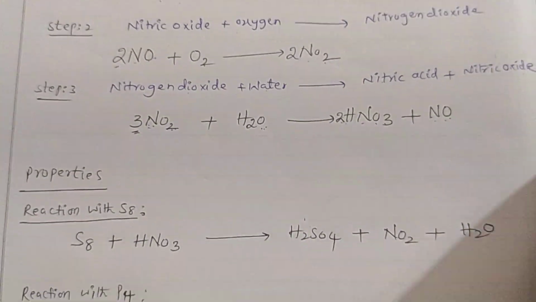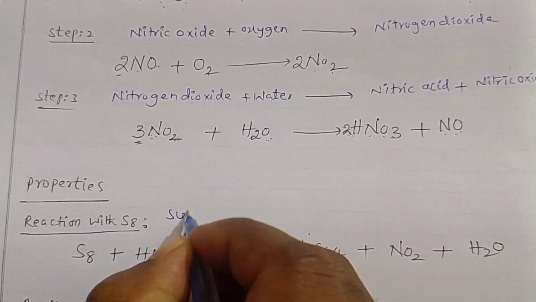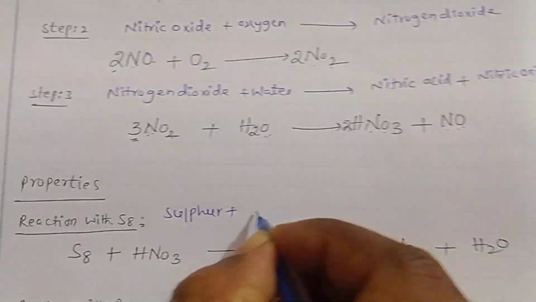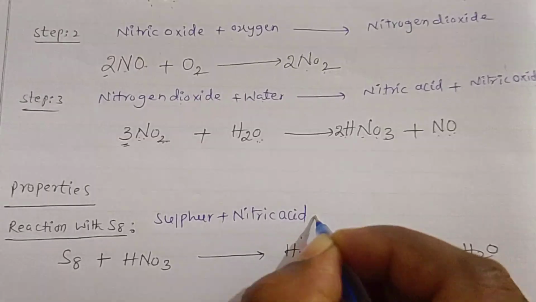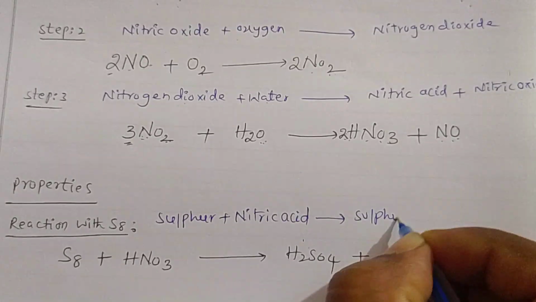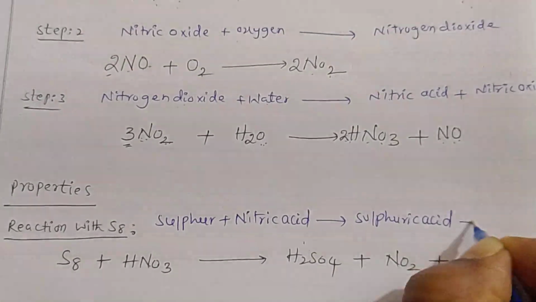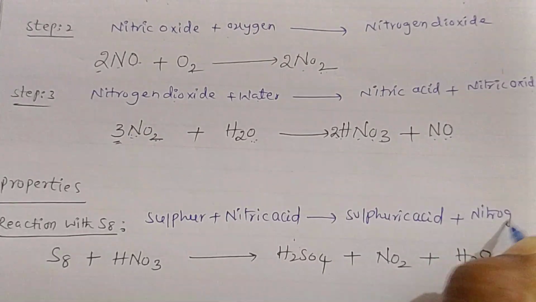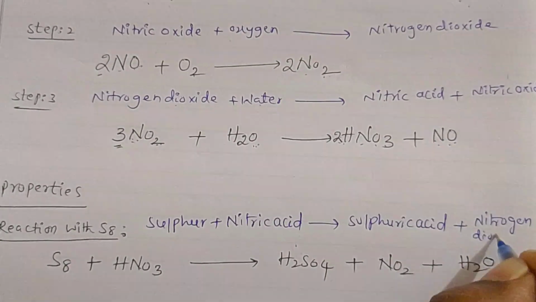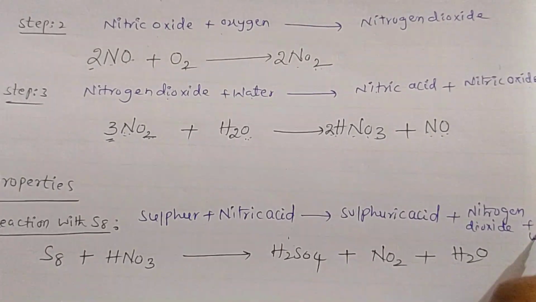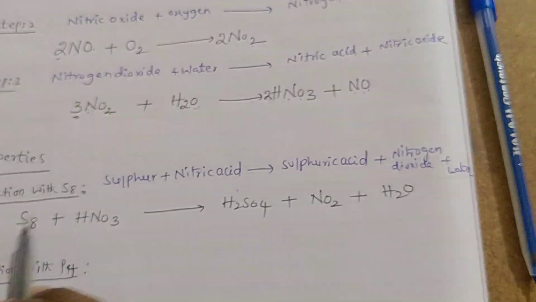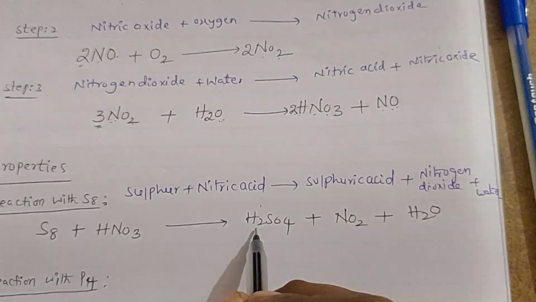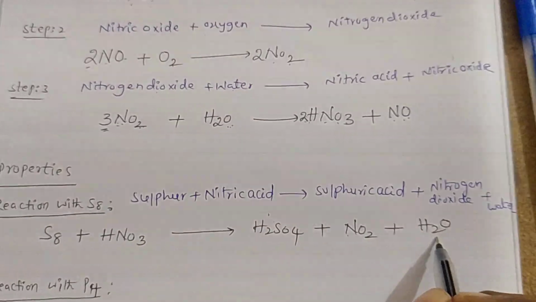So if you want to write the reaction also, sulfur plus nitric acid gives rise to sulfuric acid plus nitrogen dioxide plus water. Like this you prepare for all the properties, you can easily remember the products. So sulfur reacts with HNO3 gives rise to H2SO4 plus nitrogen dioxide plus H2O.